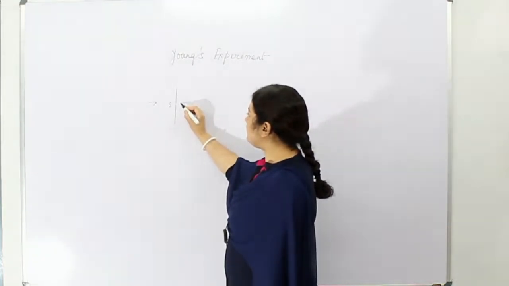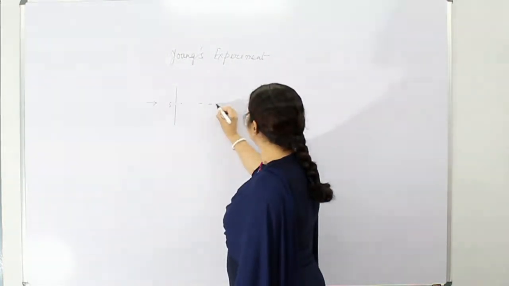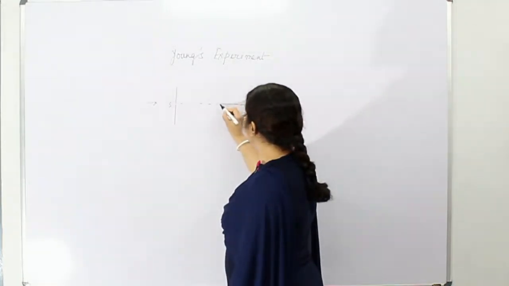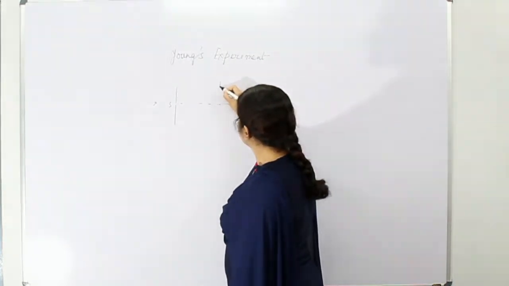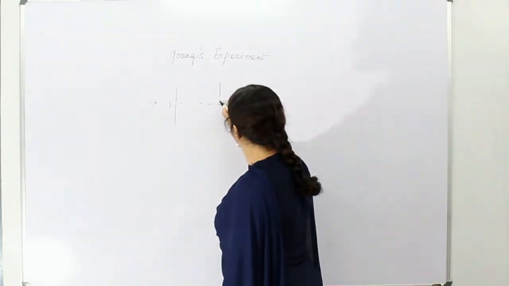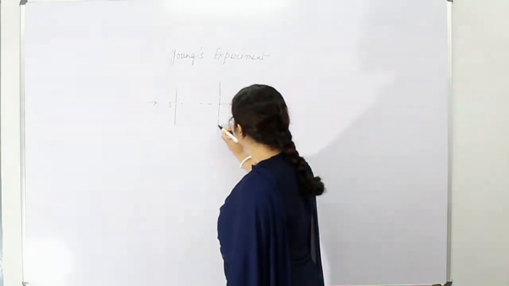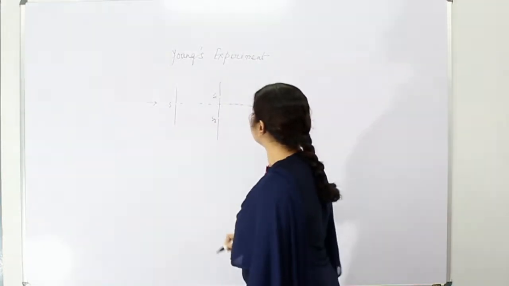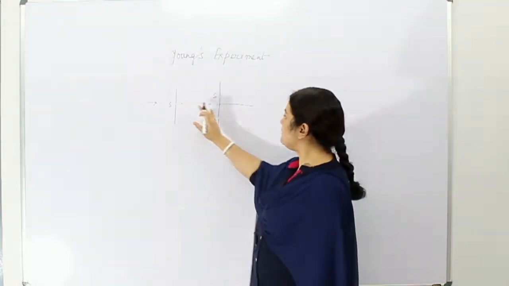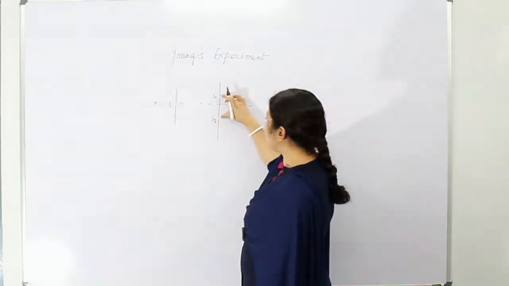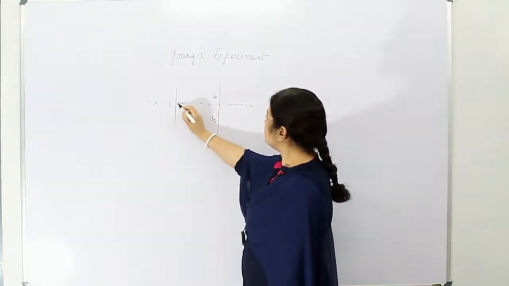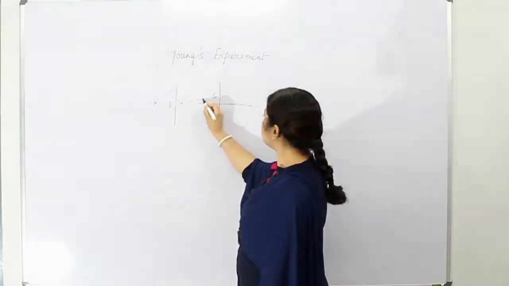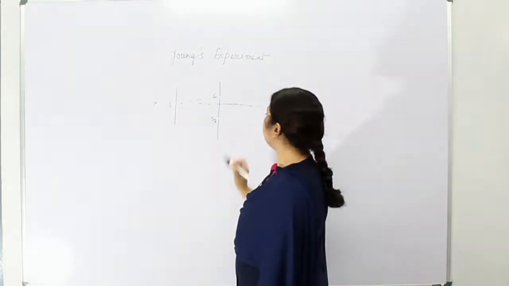The light emitting from this hole is made to fall on two distant holes which are far away from this and equidistant. That is, the distance of this and this are equal.